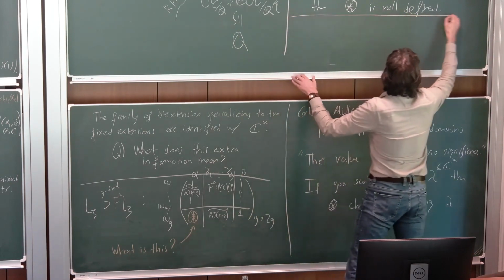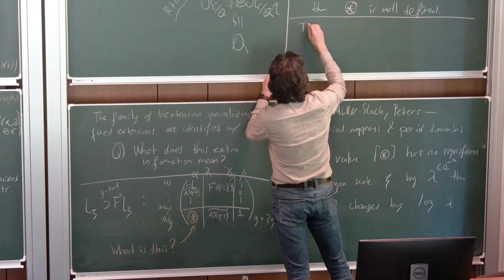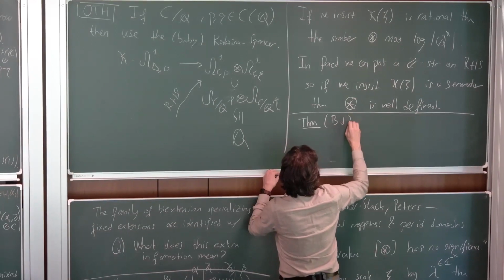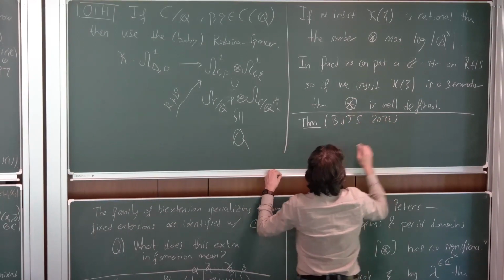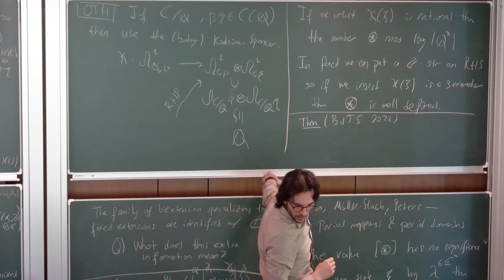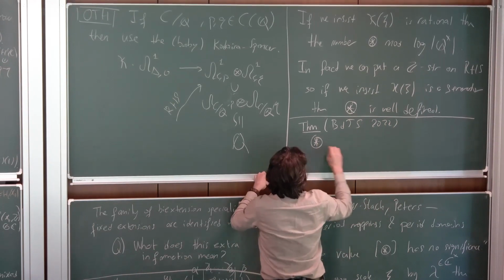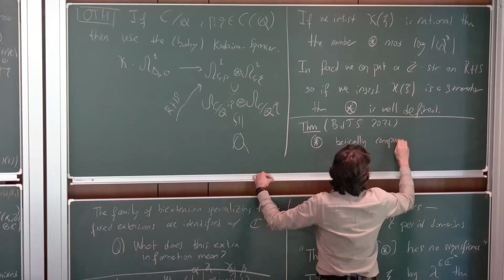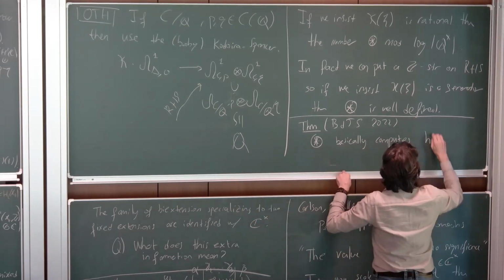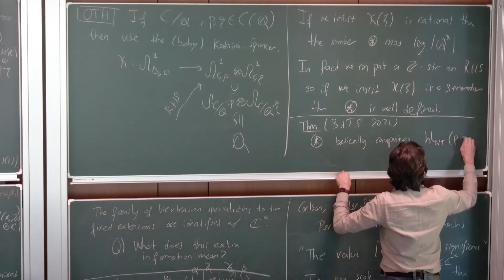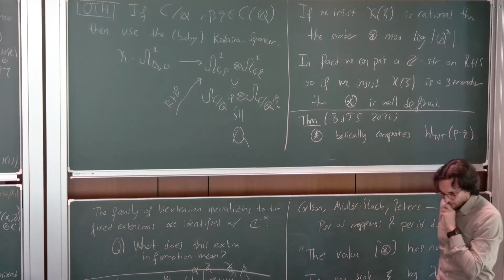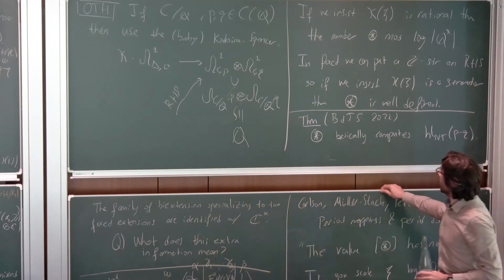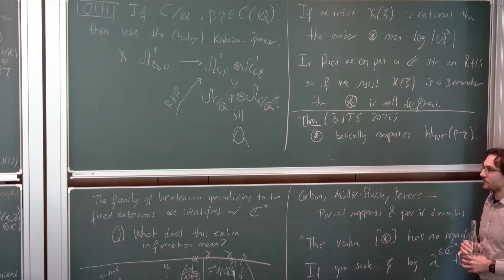So I have introduced about half the notation. So this thing basically computes an arithmetic invariant of P minus Q, what's called the Neron-Tate height of P minus Q. So the rest of this talk is about fixing the statement as I presented it.